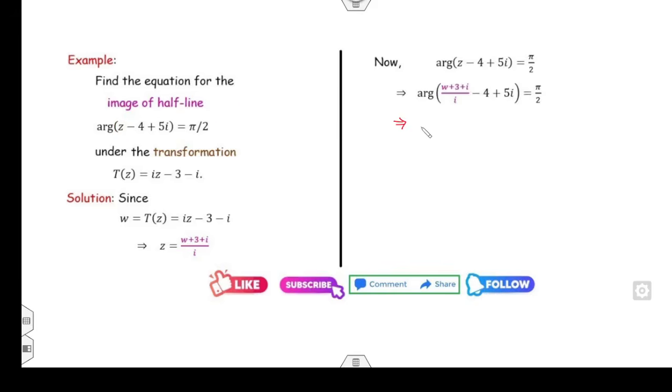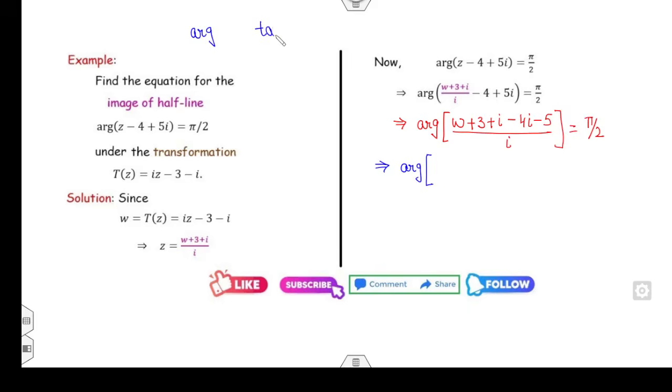Now can you solve them? I can take the LCM. Fine. So it is W plus 3 plus iota minus 4 iota minus 5 divided by iota, which is equal to pi over 2. Fine. So can you solve them? It is the argument. What is the meaning of the argument?